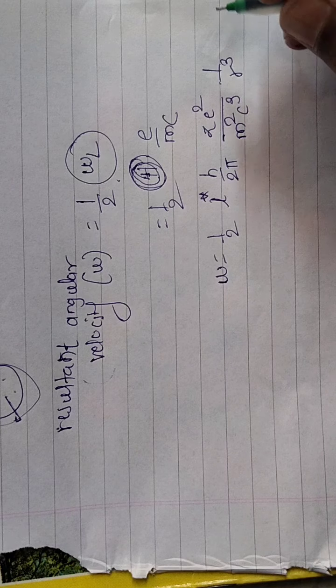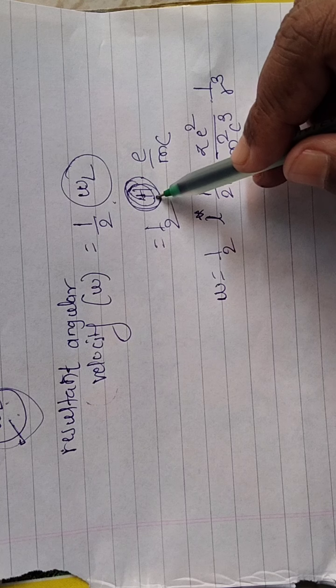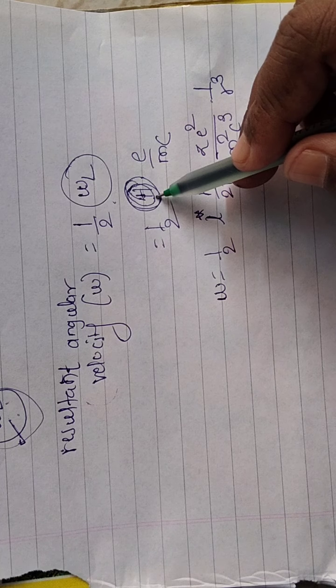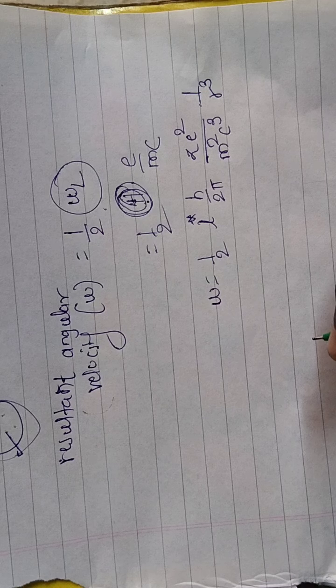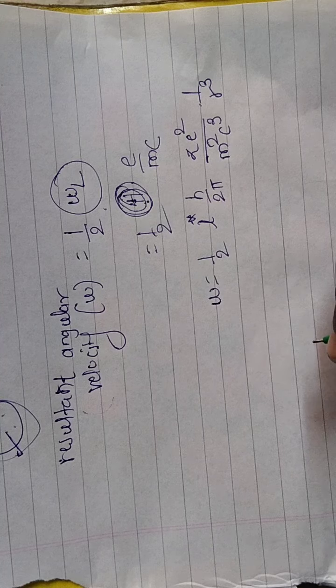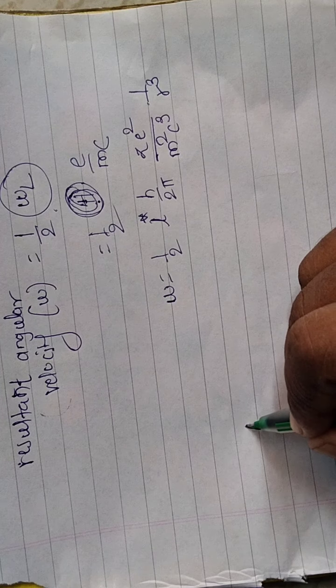This is the equation. We have put here the value of h. So now let us calculate the spin orbit interaction energy.